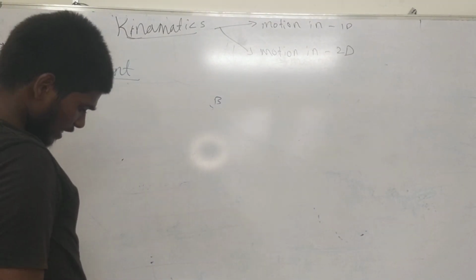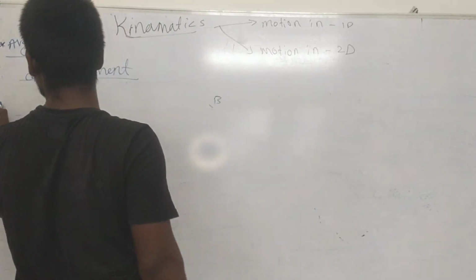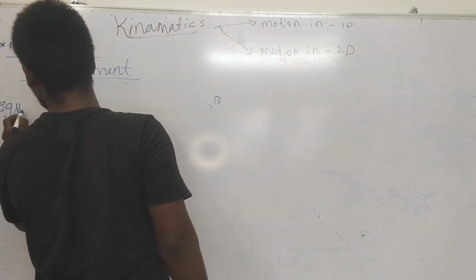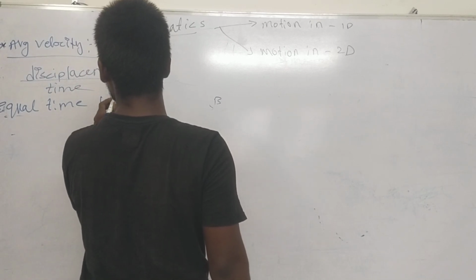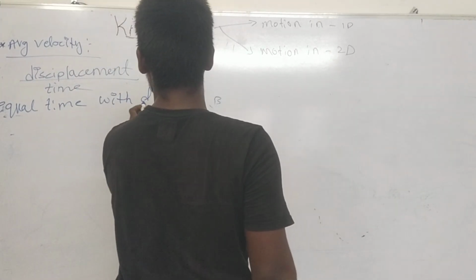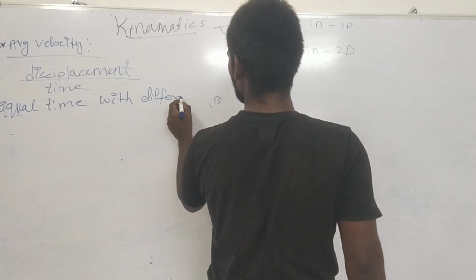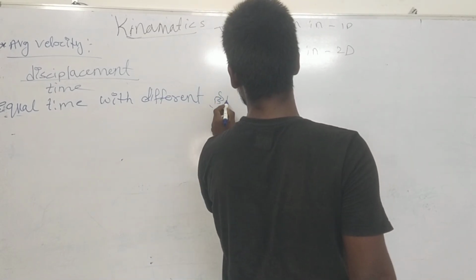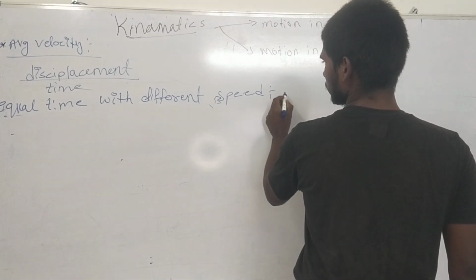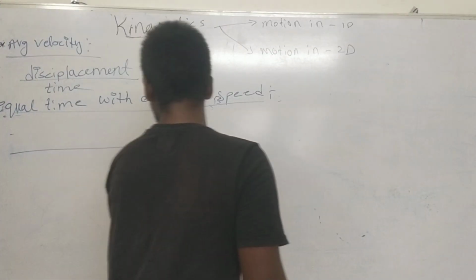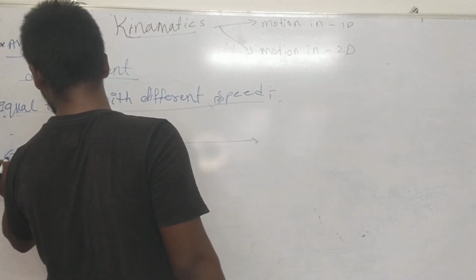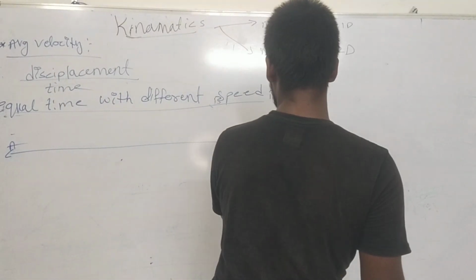The condition is equal time with a different speed. This is the condition to derive the formula. So assume from A to B again, Sunny has come.